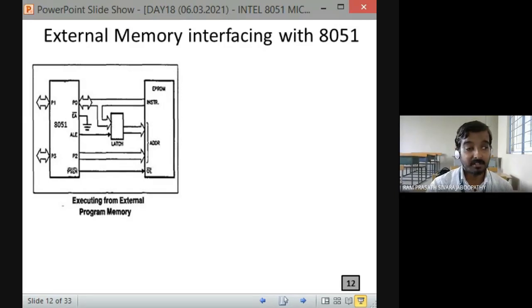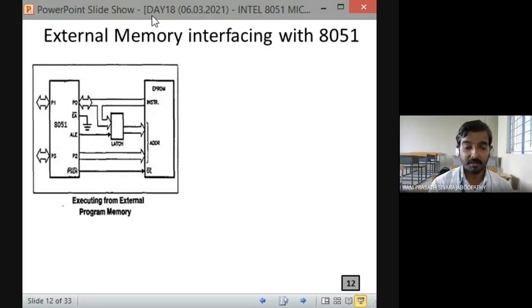Here you can see in the diagram OE bar, output enable. Whenever the PSEN signal goes low, the content of the selected address will be available in port 0, which is functioning as a data bus.